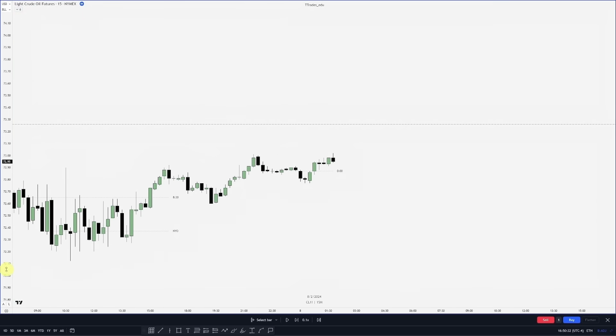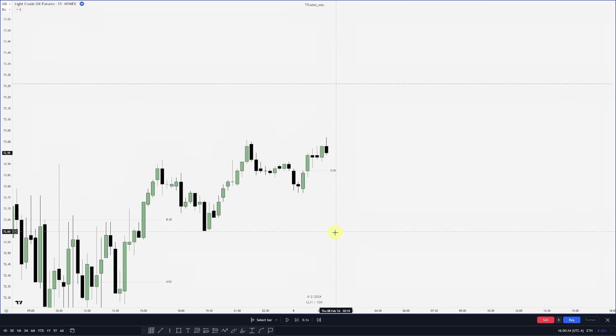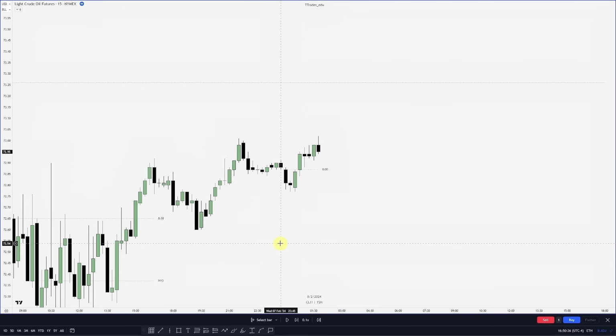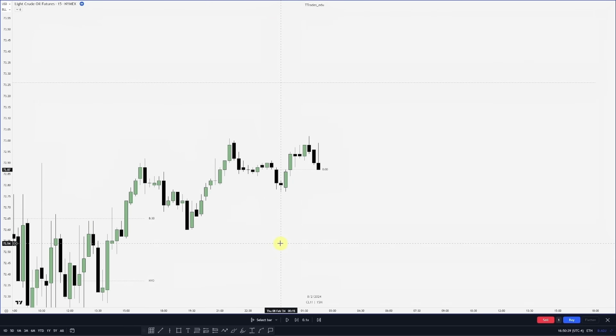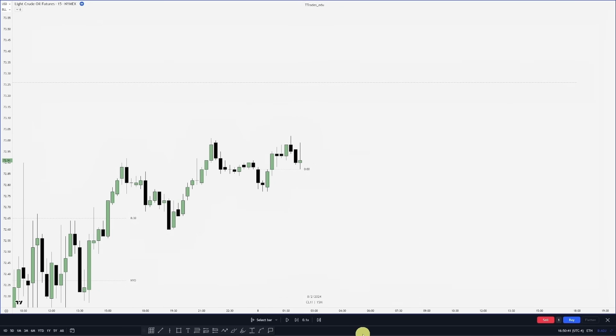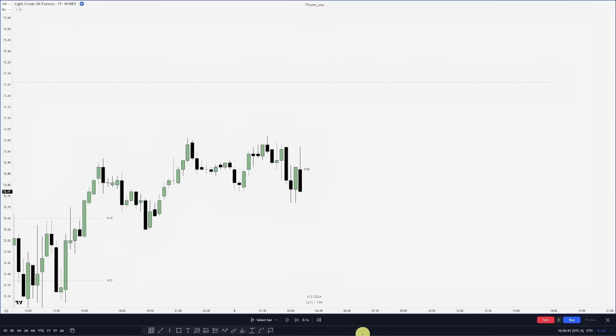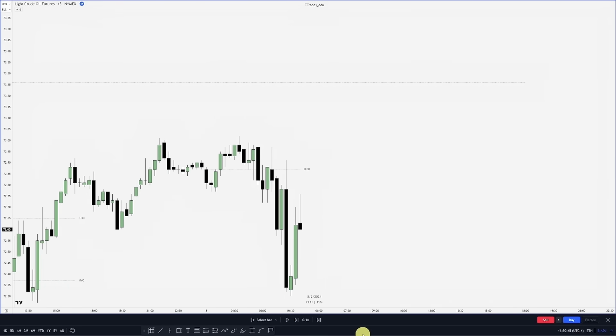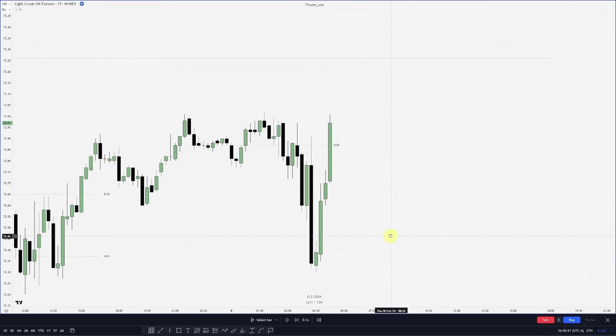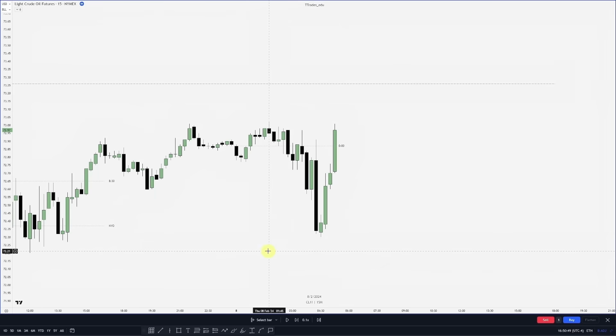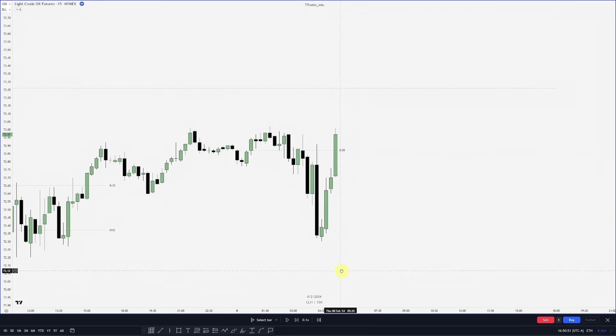So zooming in, let's take a look at the daily profile. What I want to look for is go into London. Now, if we're in London, let's see what happens. What do we notice about London between 2 to 5 or right around 2 to 5? We make a move lower, right?